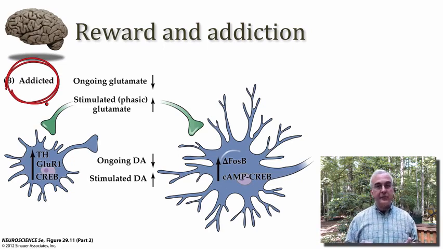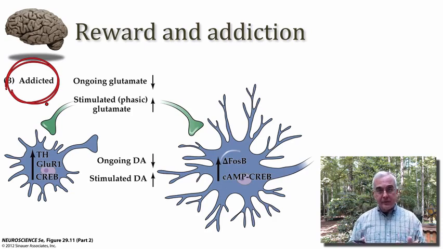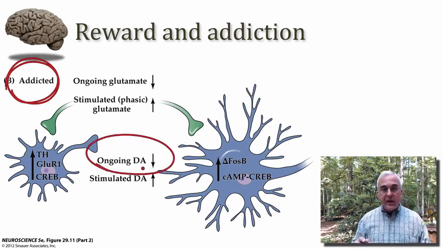But from a physiological standpoint, the key feature here of this addicted circuitry is that there is a reduction in the ongoing release of dopamine that is normally reflecting the nuances of everyday life.